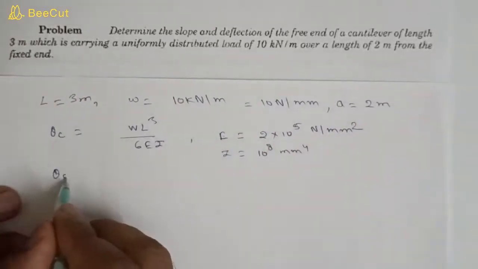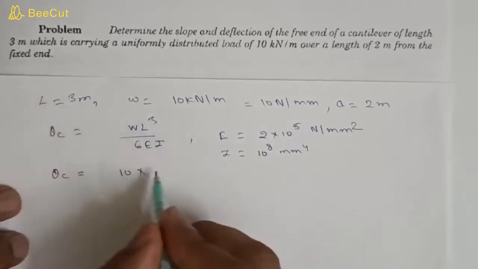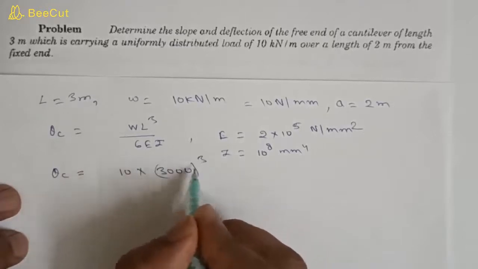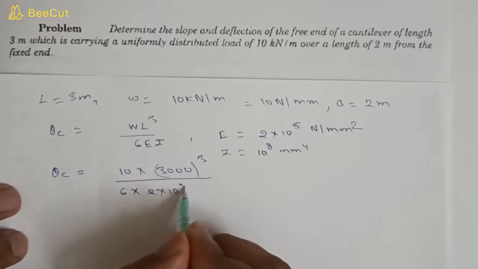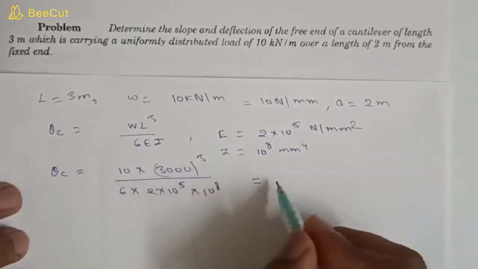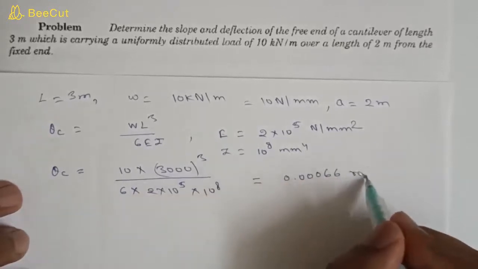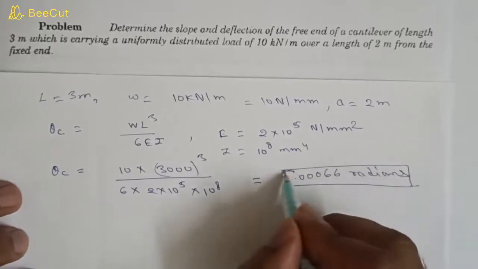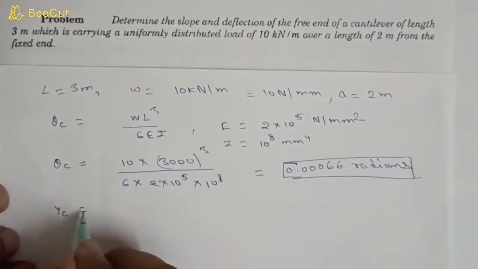Theta C will become W is 10 into 3000 cube, converting the 3 meters to mm, divided by 6 into E which is 2 into 10 to the power 5 into I which is 10 to the power 8. If we calculate that, then you will get 0.00066 radians. Okay, this is the slope at the free end.